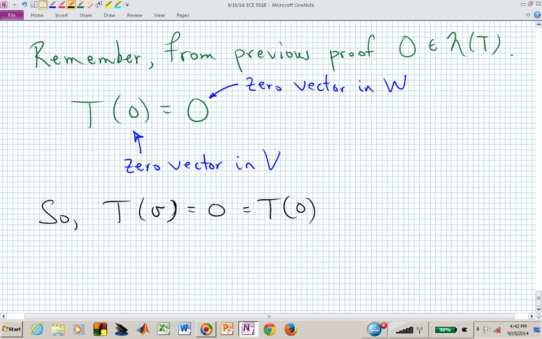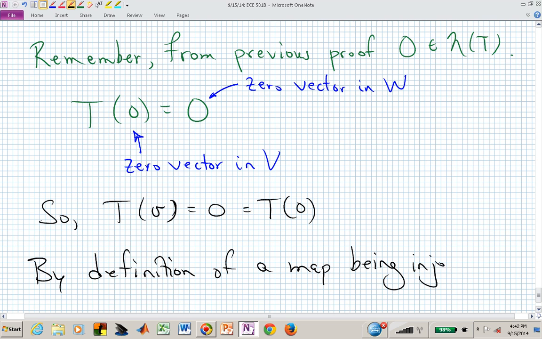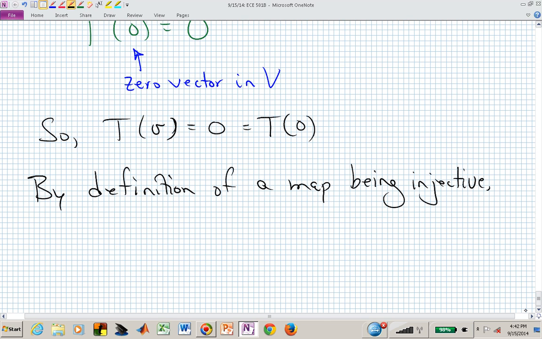But what do we know about an injective map? If a map is injective, we know if T of V is equal to T of 0, that implies that the elements in their domains have to be equal, which means that V is equal to 0.